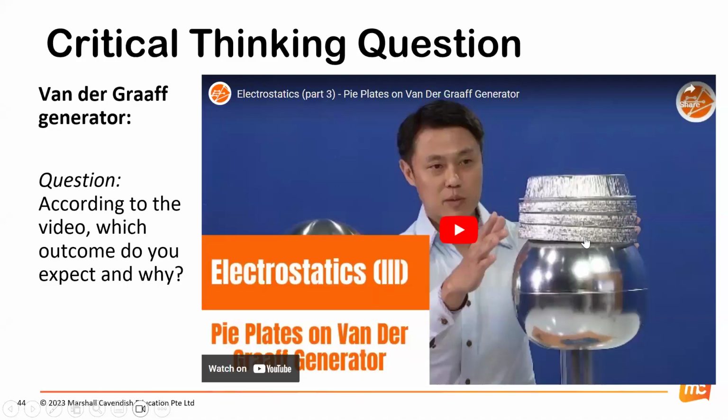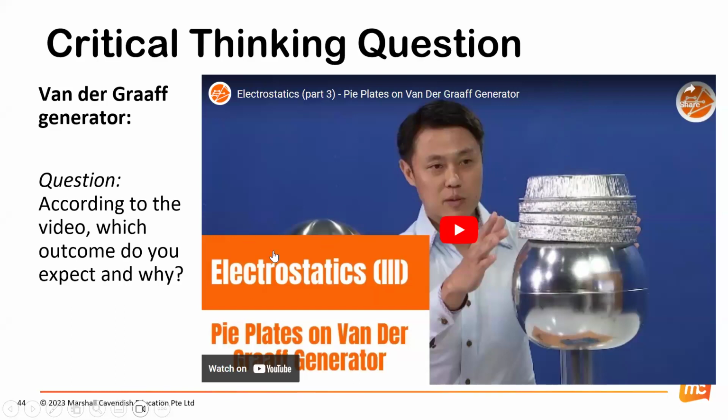So I hope you understand what it means. This entire dome is negatively charged, and because it's in contact with these pie plates, and the pie plate is a conductor, the charges move onto the conductor. So all of them will become negatively charged and they will repel each other. You'll see the pie plates start flying off because they're repelling each other.